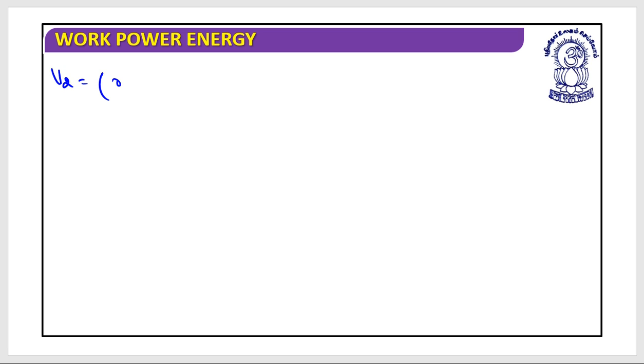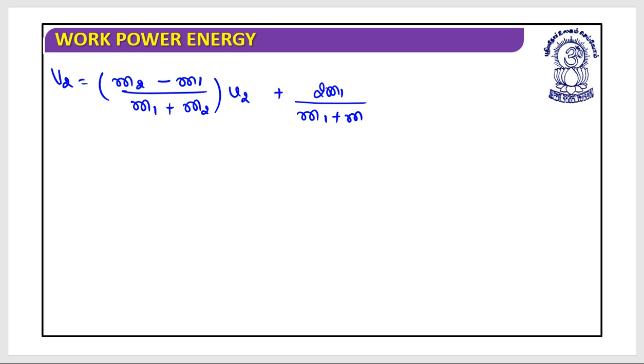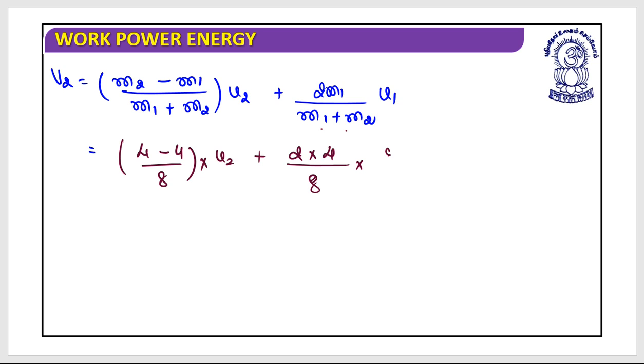Let's find out v2. The v2 was (m2 minus m1) divided by (m1 plus m2) into u2, plus 2m1 divided by (m1 plus m2) into u1. So this would be equal to (4 minus 4) divided by 8 into u2, plus 2 into 4 divided by (m1 plus m2), which is 8, multiplied by 20.